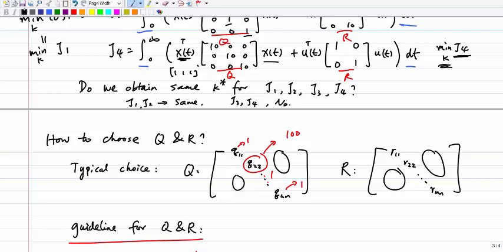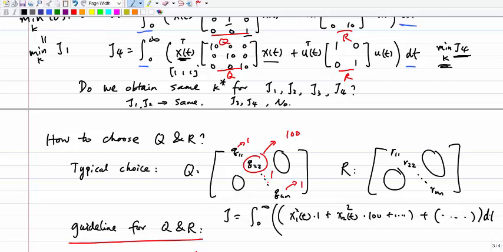So if I write down this J, the integral from 0 to infinity, you have x1(t) squared times Q11, which is 1 over here, times 1, plus x2(t) squared times 100, and so on and so forth. I just ignore this. You also have the R term, this u term.